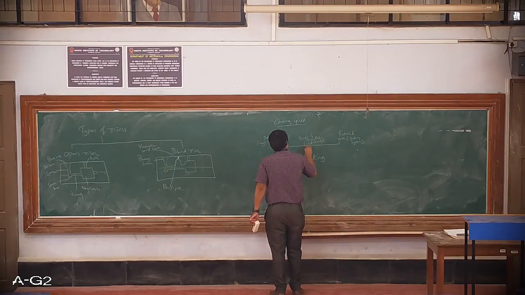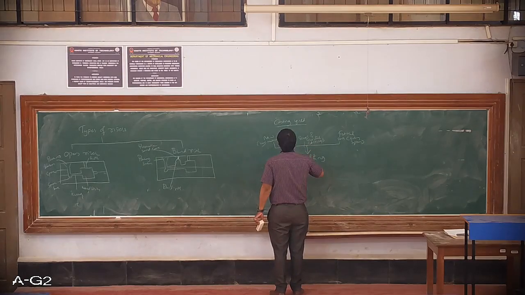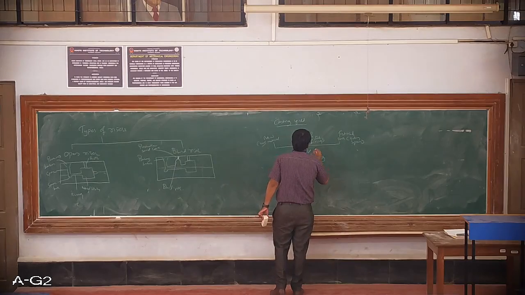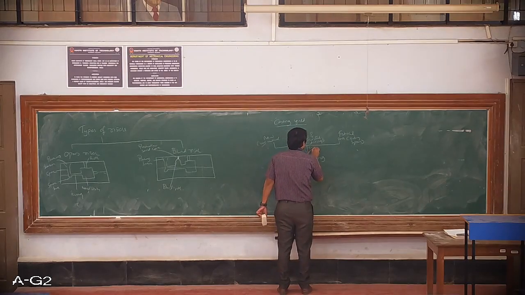So these are the sources of the raw material in case of melting. This is what we call a charge.